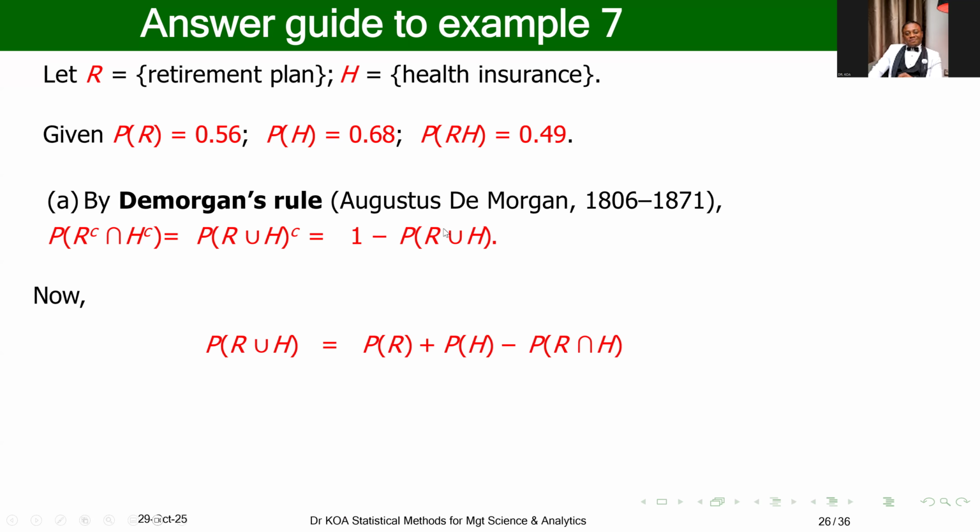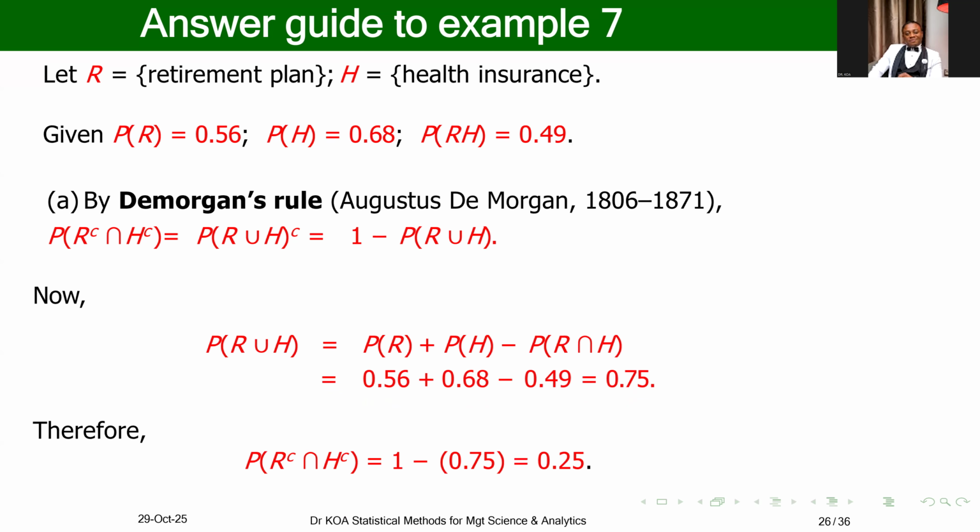The probability of R union H is the probability of R plus the probability of H minus the intersection. It was given to us. That gives us 0.75. And therefore, if we want to find those that are not there, we get 0.25. This is a little bit complex. I hope you understand. But that is why I used the Venn diagram for you.